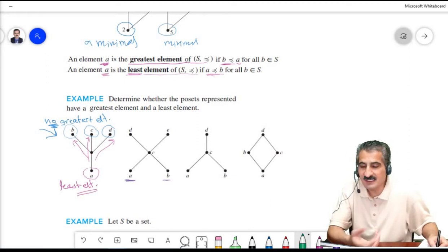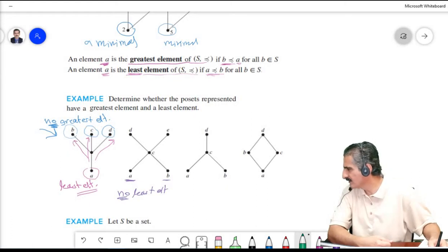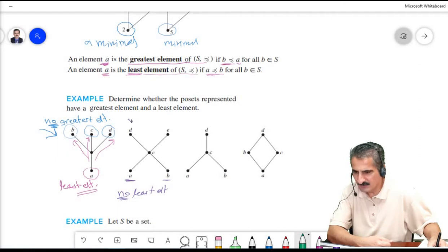Is A less than B? No. Is B less than A? No, they are not related. So there is no least element. What about greatest element? Do we have a greatest element here? Yeah, I'm waiting for an answer. No. No greatest element.